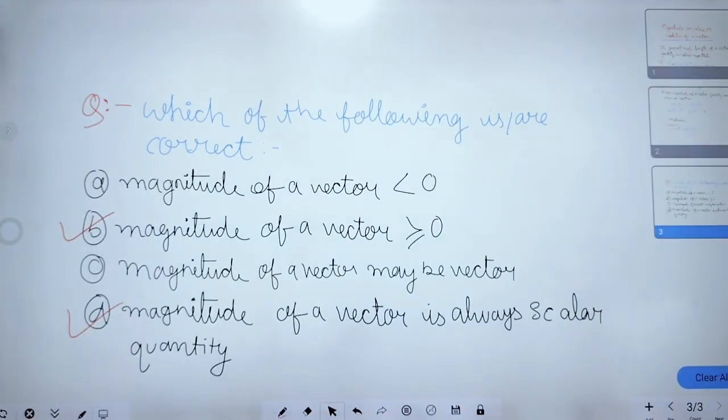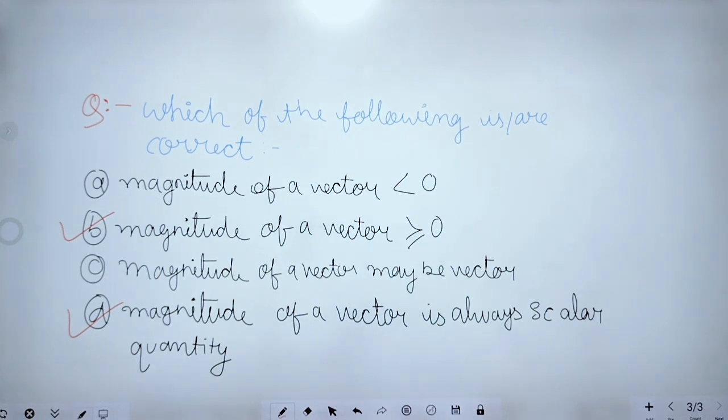And we also discussed a question, that which of the following are correct. First option is that the magnitude of a vector quantity is less than 0. It is not true, it is false. And the magnitude of a vector is greater than or equal to 0.